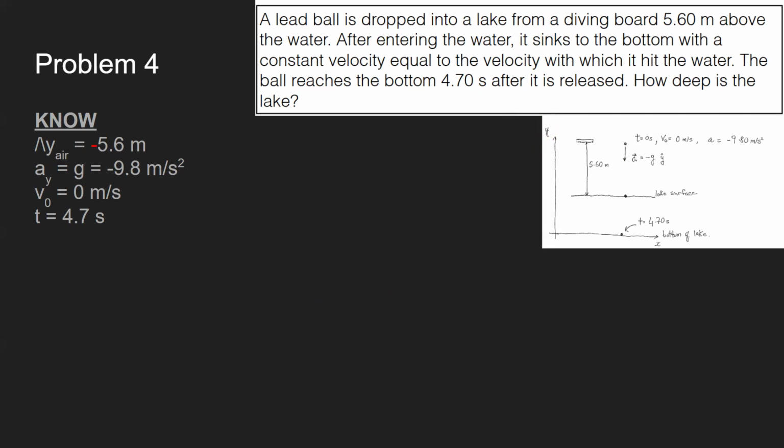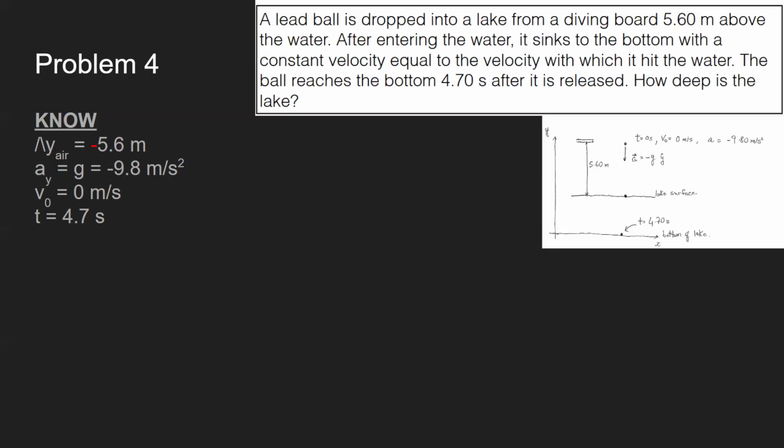So it has to be negative. Careful, because if you don't do that, you get the wrong answer. So negative 5.6 meters. That's supposed to be a delta. Sorry that looks terrible. AY, so the acceleration in the y direction. By the way, we're just talking about something being dropped in only one direction. So this is not projectile motion or launched horizontally. This is just free fall.